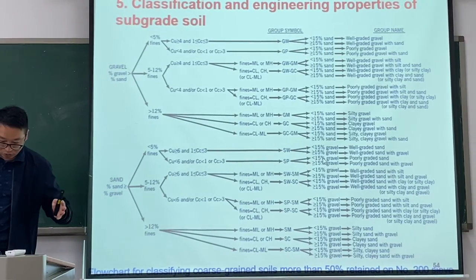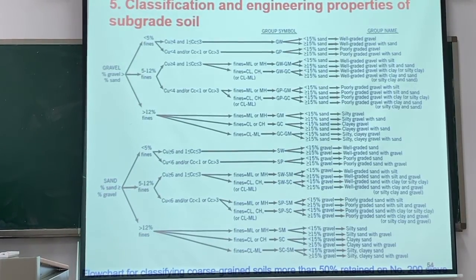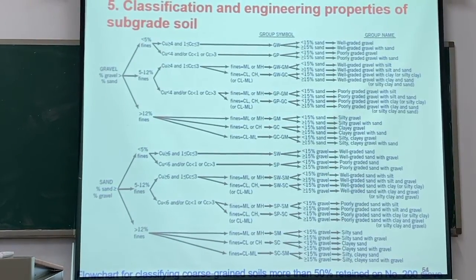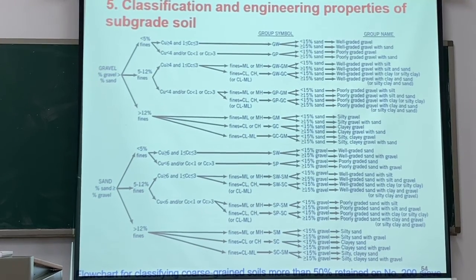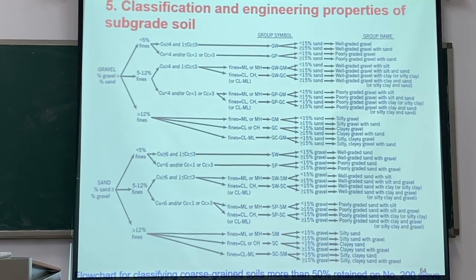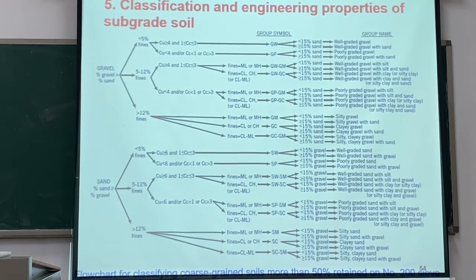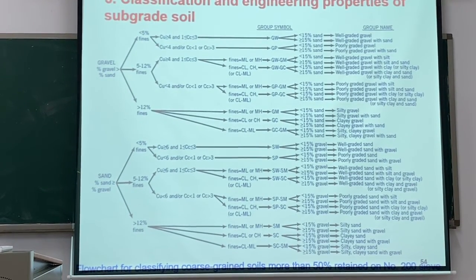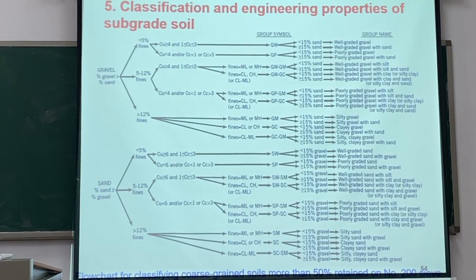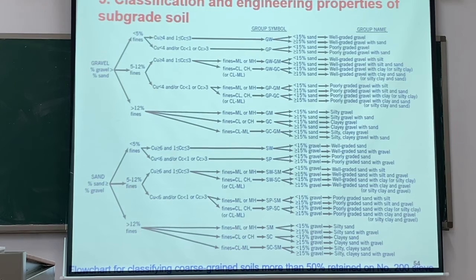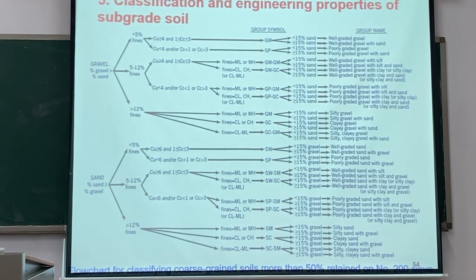This has more details. Flow chart for classification of coarse grained soil, more than 50% retained on the number 200 sieve.